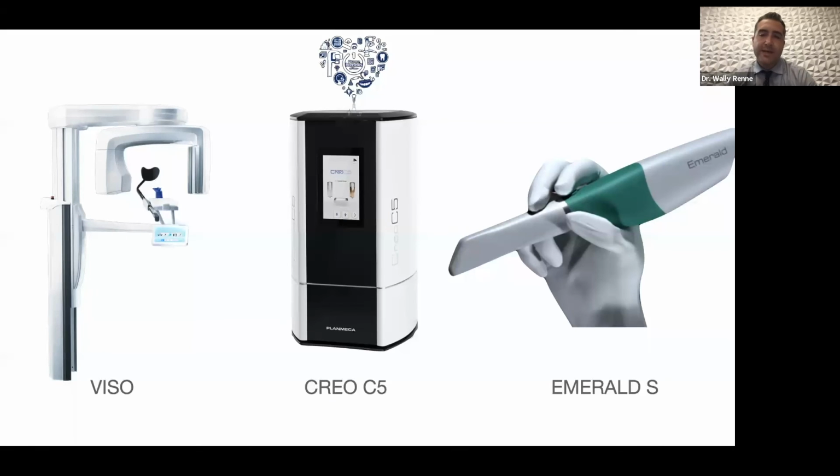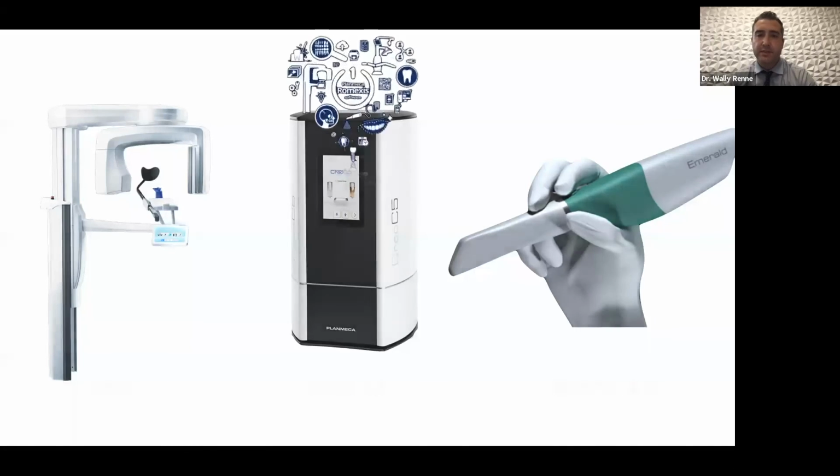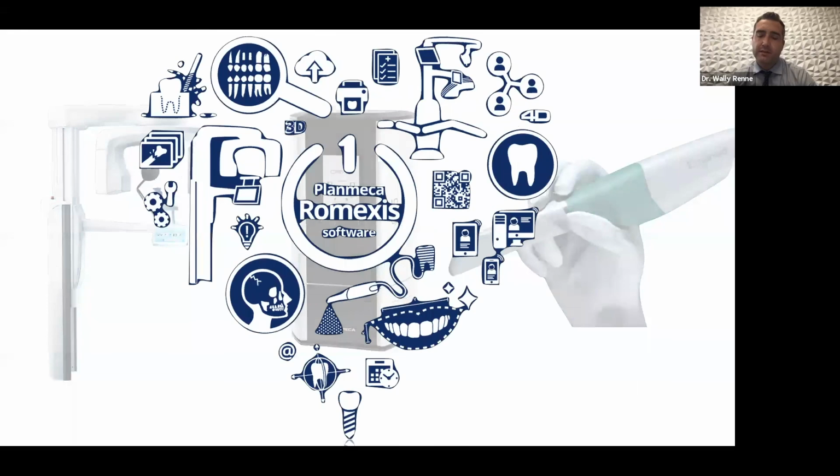Because in the past, if you had all these different kinds of systems, you would have to have 4 or 5 different softwares and navigate and import and export all these different things. With Planmeca, the magic sauce behind what they do really revolves around not only creating phenomenal hardware, but the software as well.